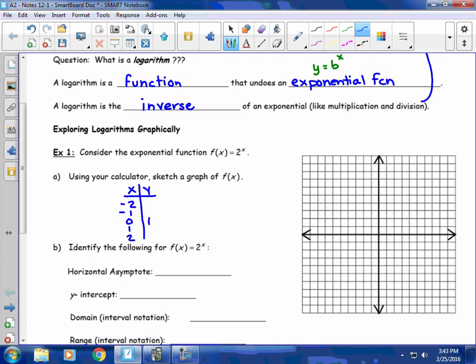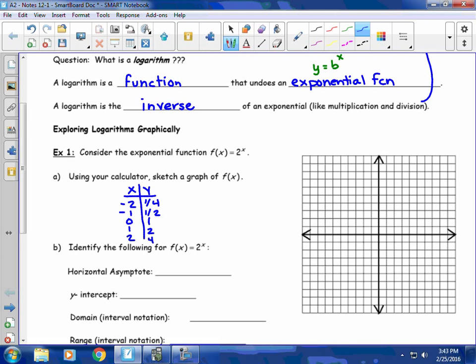And then 2 to the first is 2. And 2 squared is 4. And you know enough about negative exponents to say if 2 to the first is 2, 2 to the negative first would be 1/2. And if 2 squared is 4, 2 to the negative 2 would be 1/4. Remember, a negative exponent just means to flip.